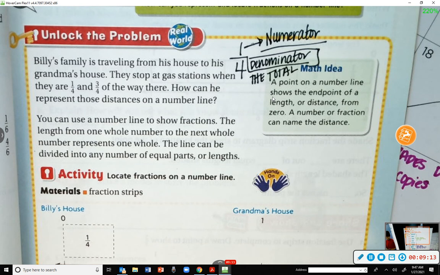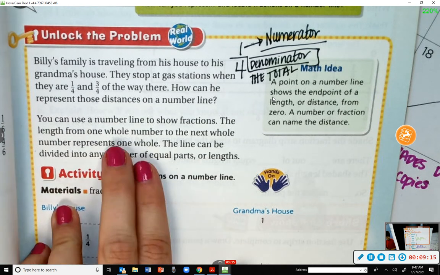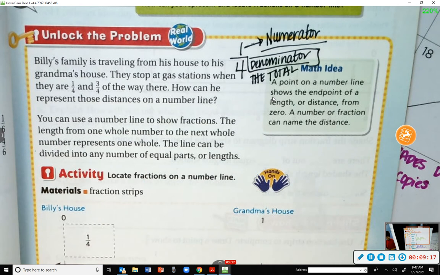Okay, who wants to read the Unlock the Problem for me? Okay, Allie? Billy's family is traveling from his house to his grandma's house. They stop at gas stations.